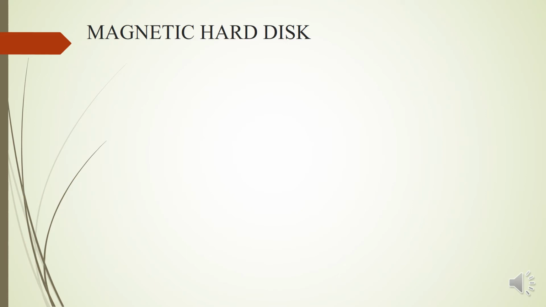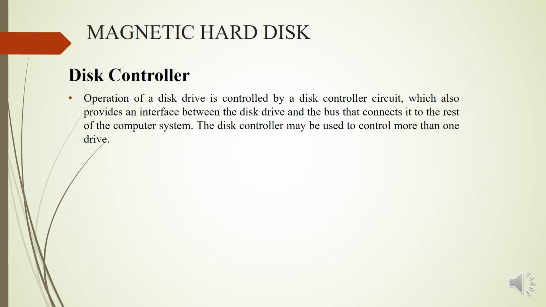Another major unit of the magnetic hard disk is the disk controller. Operation of the disk drive is controlled by the disk controller circuit, which also provides an interface between the disk drive and the bus that connects it to the rest of the computer system. The disk controller may be used to control more than one drive.